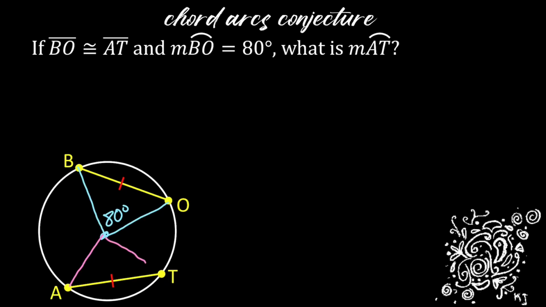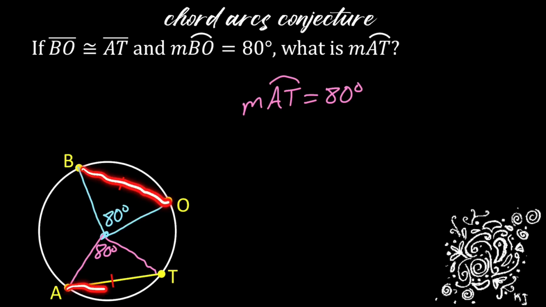And here, this angle must also be 80 degrees, and that is the measure of arc AT. So according to the conjecture that we just learned, because these two line segments BO and AT are congruent, their intercepted arcs must also be congruent, and their intercepted arcs relate to their central angles in the sense that they are equal.